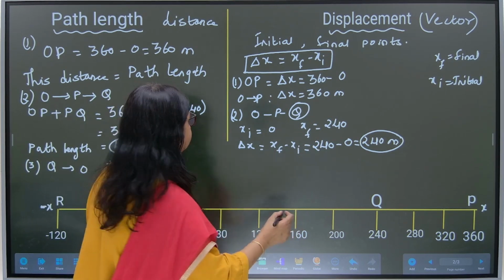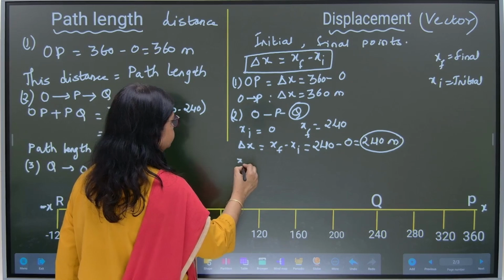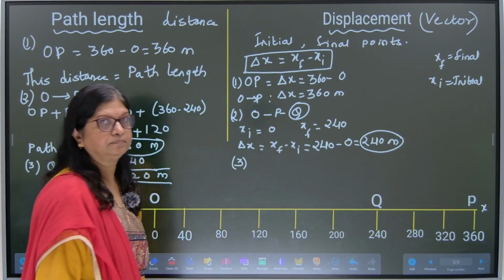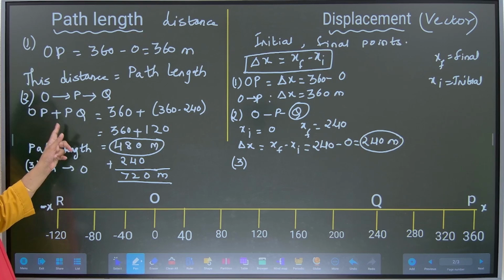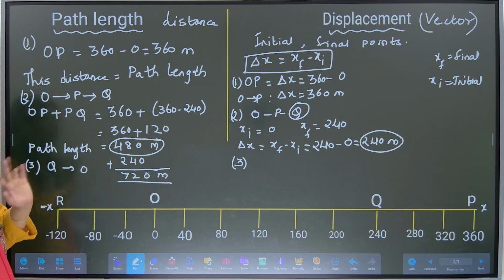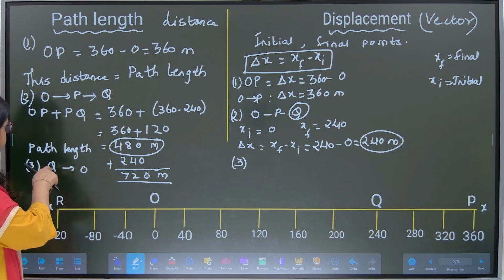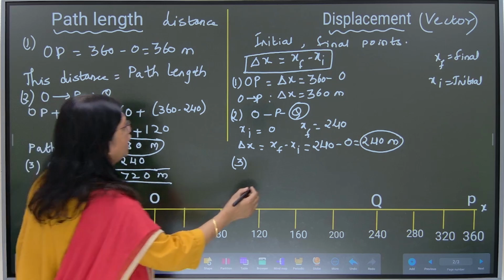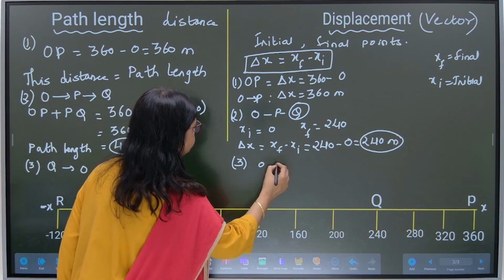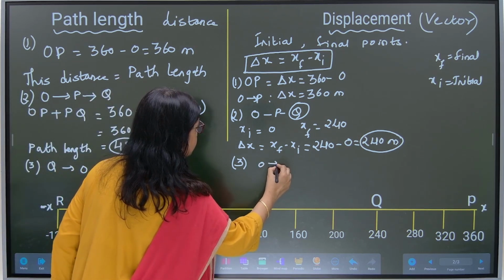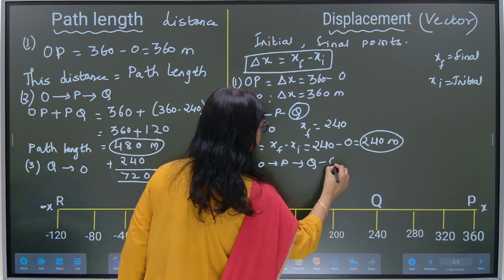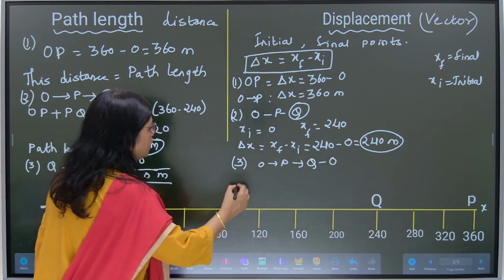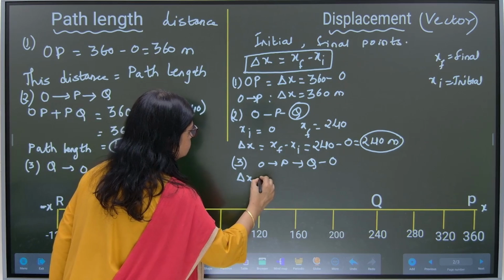Now let us go to example number 3. What was my example number 3? I went from O to P, P to Q and Q to O. Now that means the final position is O. So what is my delta x in this case?